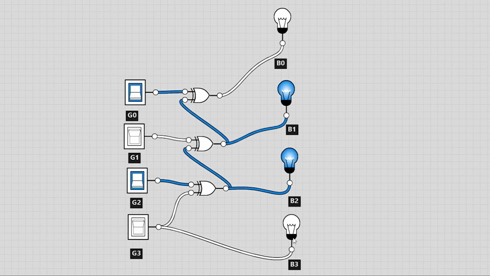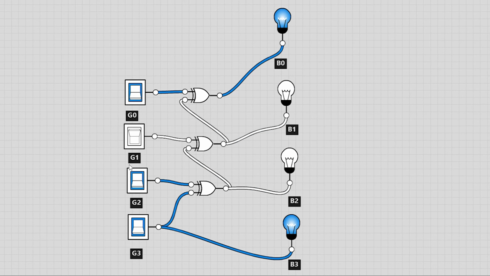Now G2 and G0 are high, B1 and B2 are high, others are low. G1, G2, G3 are high, B0, B1, B3 are high, and others are low in output. G3 is high, all the outputs are high.